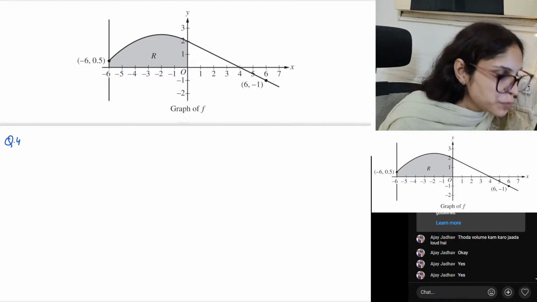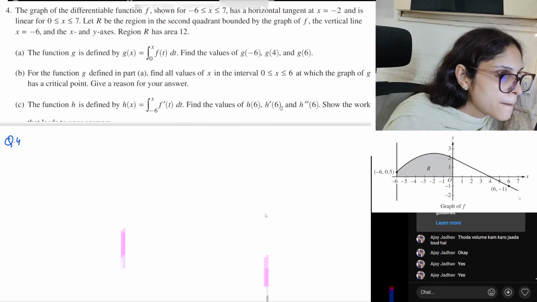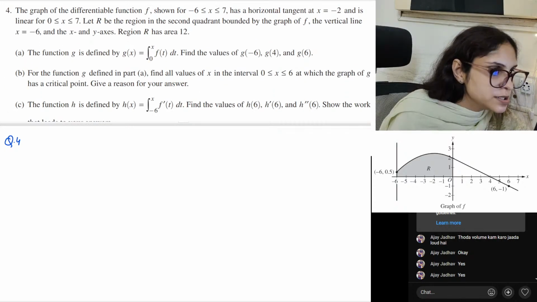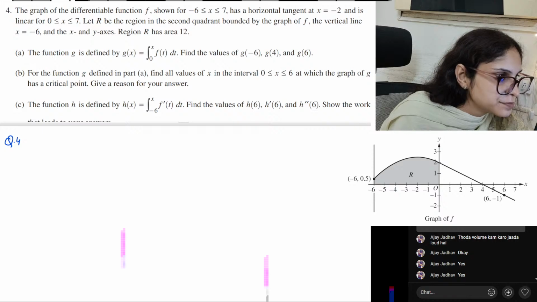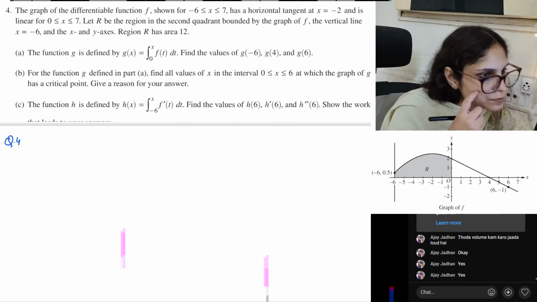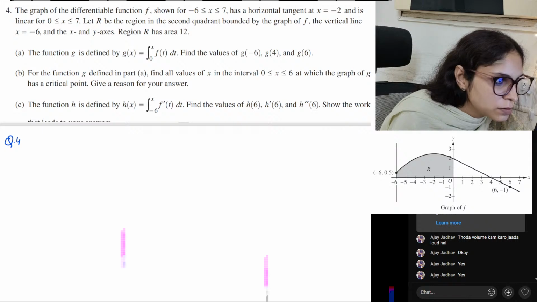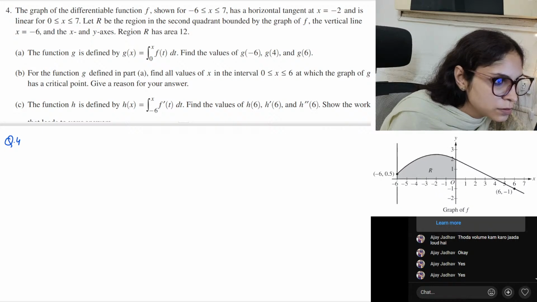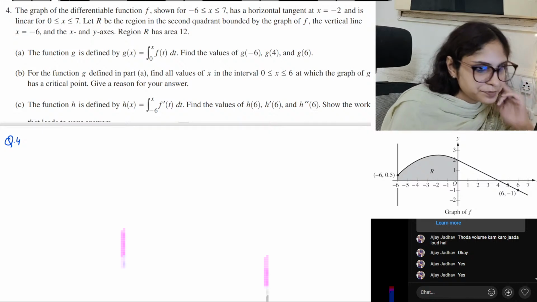Now we are ready. So you can see the diagram at all times. I think I can make it even smaller. Better.